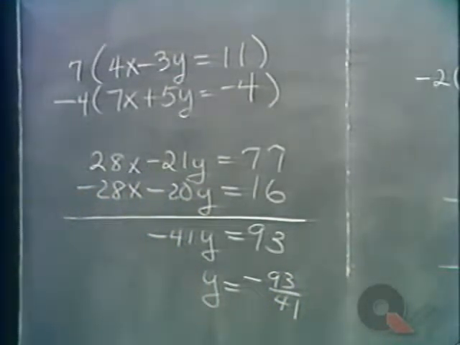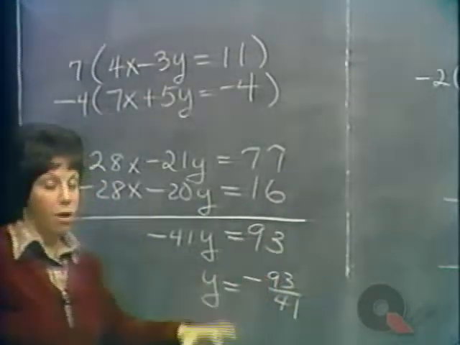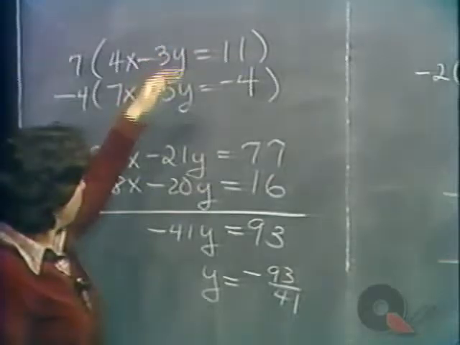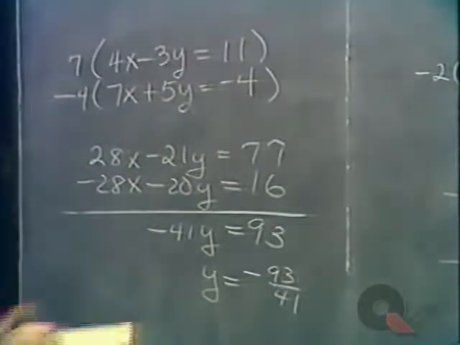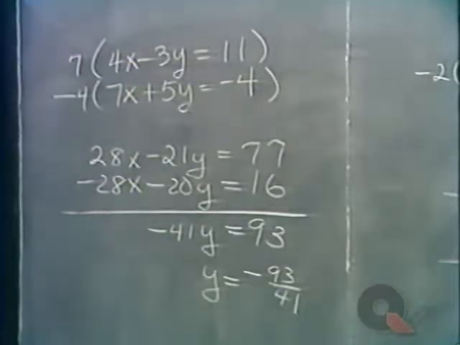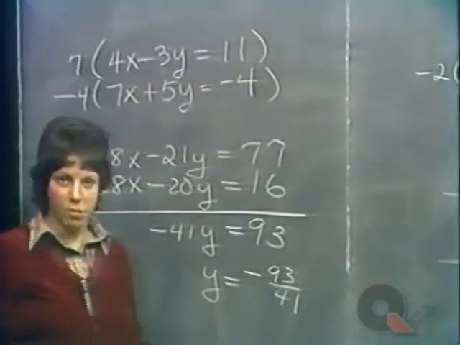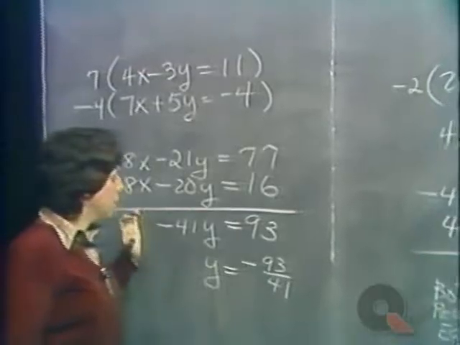Now, one thing that you could do is to take y equals minus 93 over 41, substitute into either of these two equations that we started with, and solve for x. You can do that, and it will work out. I want to mention another possibility, which in this example would be preferable.